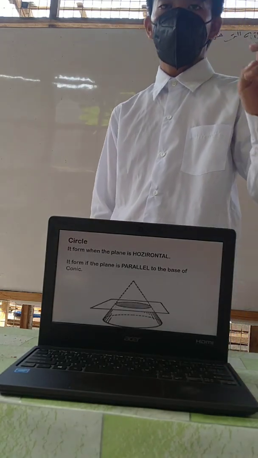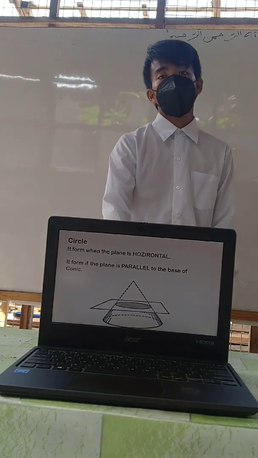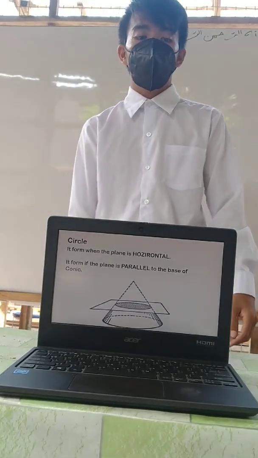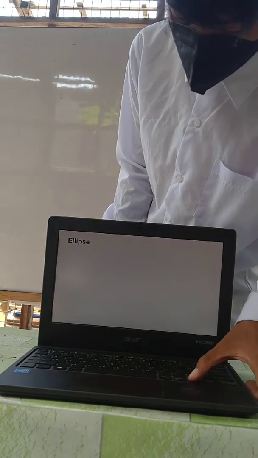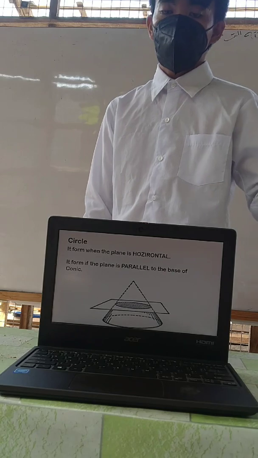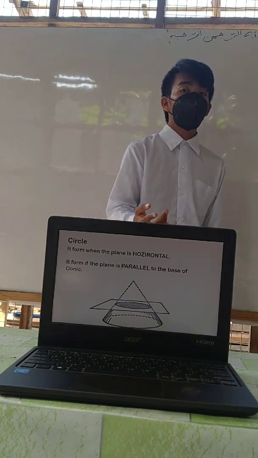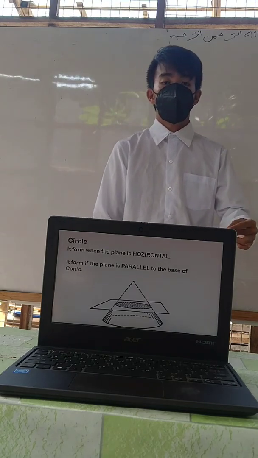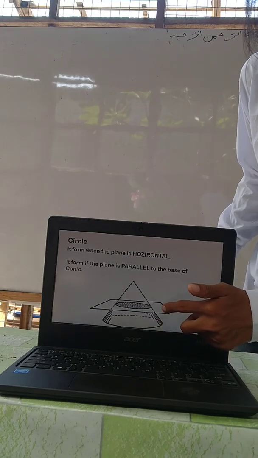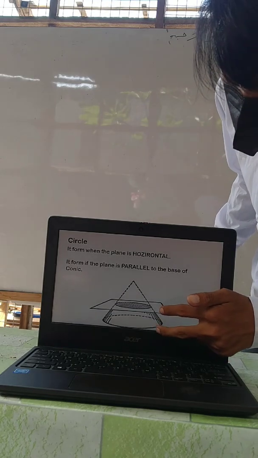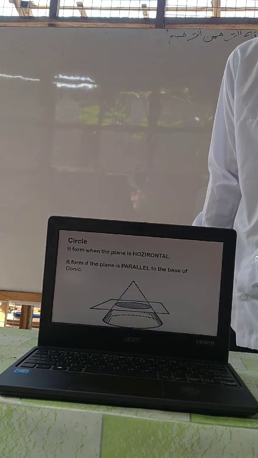This is the figure of a circle. This is the base of the cone and this is the plane. And you see, they are horizontal to each other.